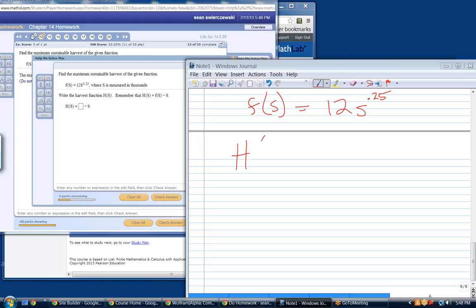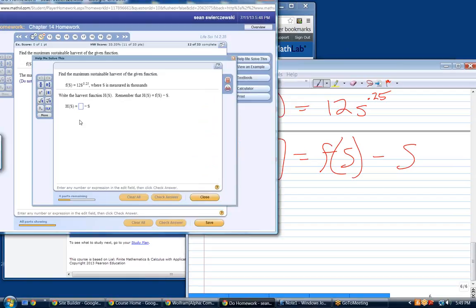I mean, how is the harvest function equal to the maximum sustainable harvest minus the, I guess s is the amount that you're going to harvest. I don't know. But this is pretty clear that this is 12s to the 1/4.